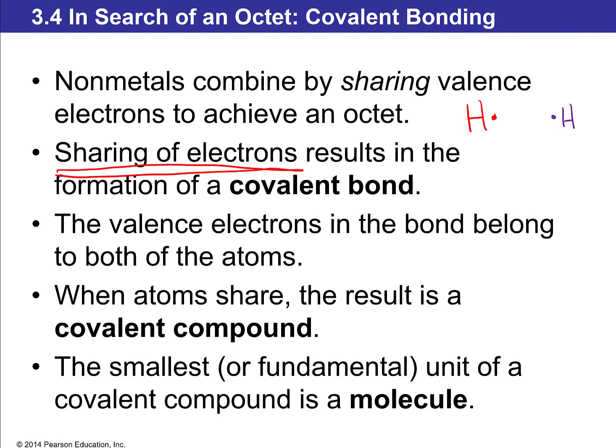That means the 2 atoms get close enough together that those electrons spend time with each hydrogen. The 2 electrons are going back and forth. They spend part of the time around one hydrogen, part of the time around the other hydrogen. So you end up with this.